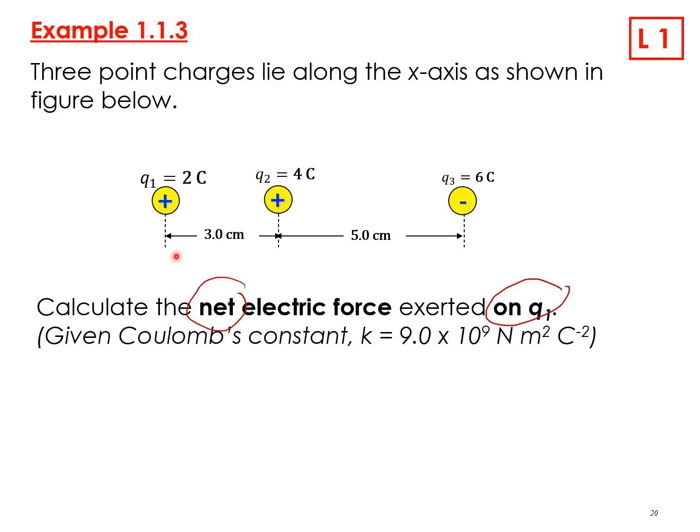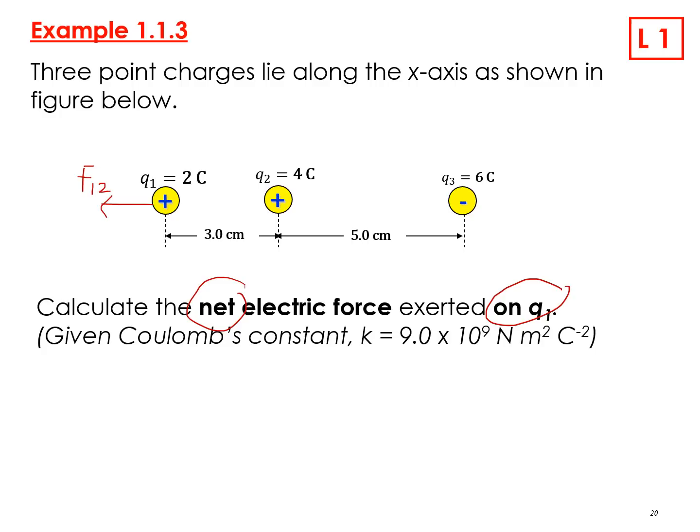So the first one, we determine the direction of the electrostatic force acting on Q1 due to Q2. If you look here, Q1 and Q2 have the same charge, so they repel, meaning Q1 moves away from Q2. So this is the direction for the electric force on Q1 due to Q2. Now we go to the next charge, Q3.